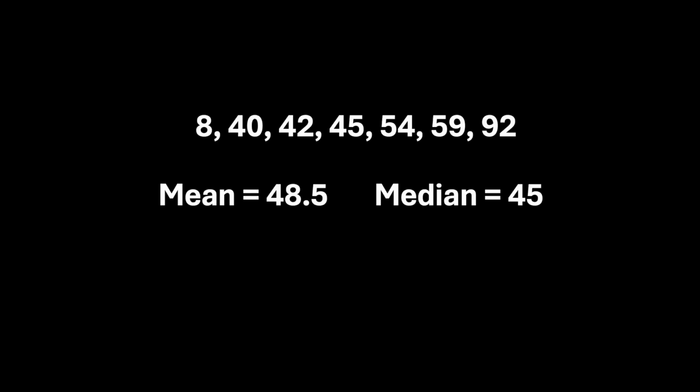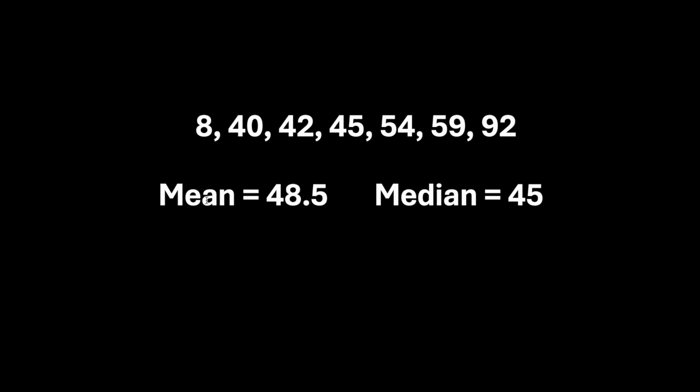If you have a regular data set like this, where you just have numbers, you can find the mean, you can find the median, and that will allow you to tell mathematically whether it is a negative or a positive skewed, or if it is a symmetrical skew, as in there's no skew at all, and the mean and median are equal.